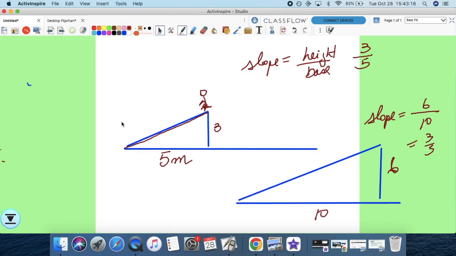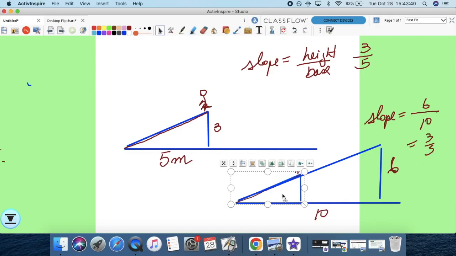So if I took this triangle, and I hope it works, and I brought it over here, oh, look at that, right? Same.